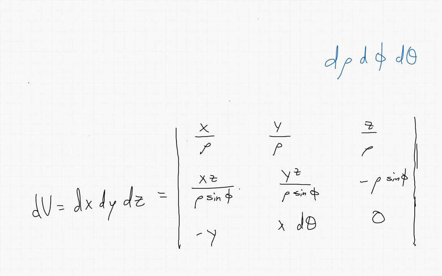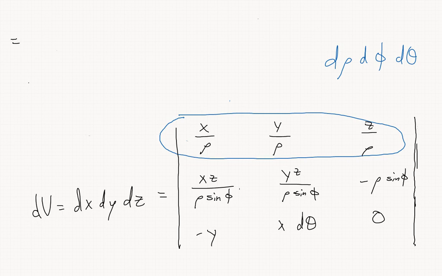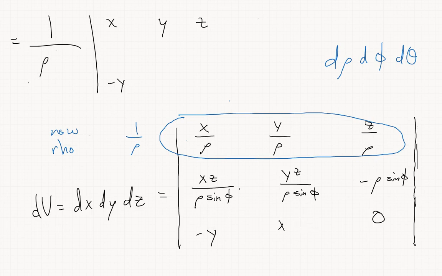Okay, so we'll use some properties of determinants. Now we can pull out a constant from one row. In this case, the constant will be 1 over rho. So this will be 1 over rho times the determinant of x, y, z, negative y, x, 0.